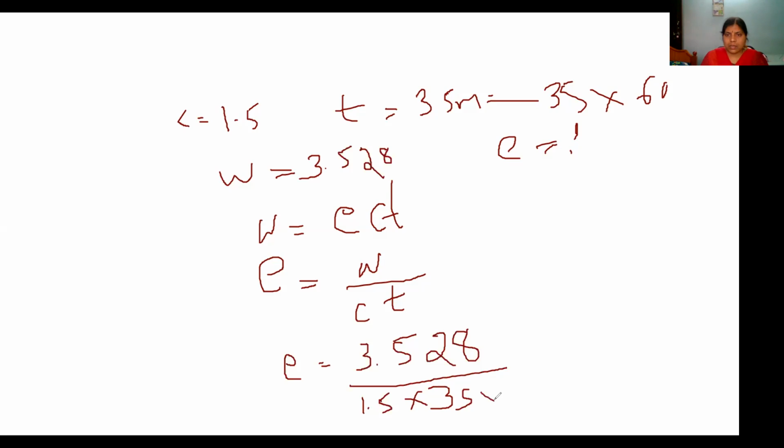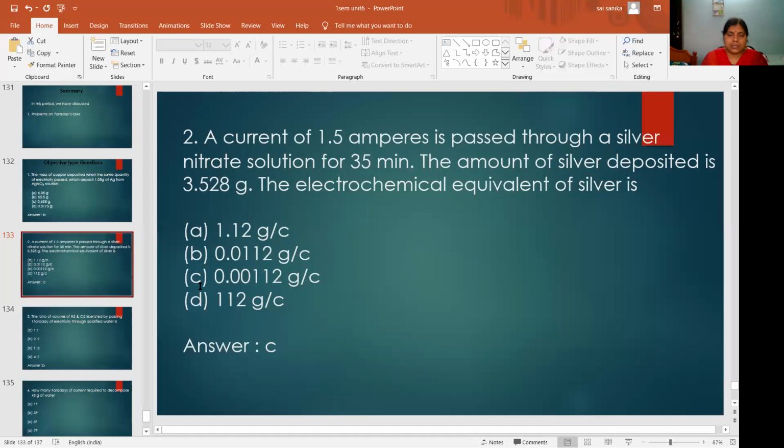What answer will you get here? That is 0.00112. Whatever your answer is given, this C is the answer, 0.00112 gram per coulomb. So like this you have to calculate.